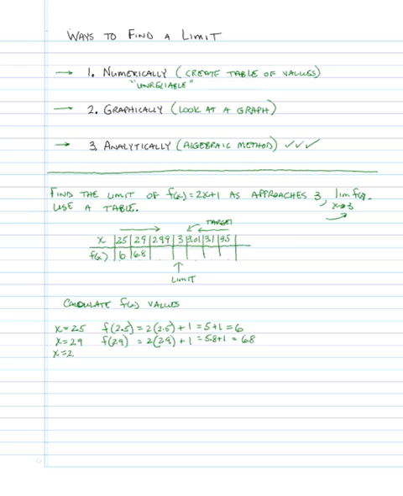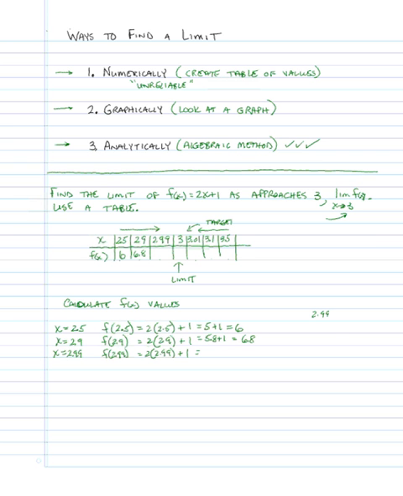Likewise, for 2.99, we would calculate f of 2.99. And when we do, we would have 2 times 2.99 plus 1. Well, what is 2 times 2.99? Off the top of my head, I don't know, so I might have to come over here and do a calculation.